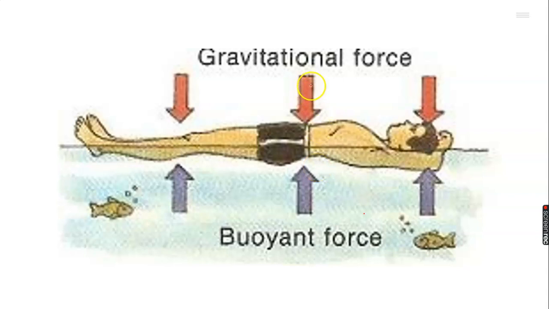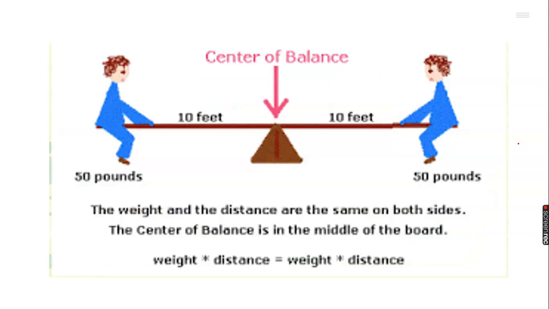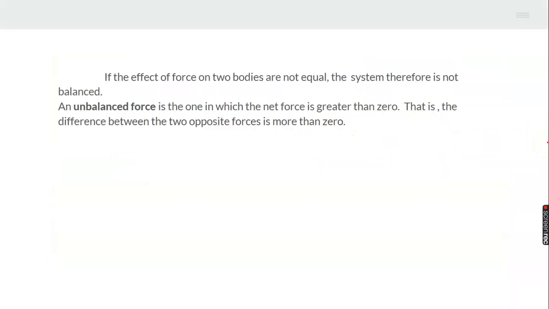And there's another force called gravitational force, which pulls down any object. So when both of them are equal, you see the person staying on top of the water, as in floating. That's why floating can be done when you are swimming. So you look at it as the same thing as a balanced force.